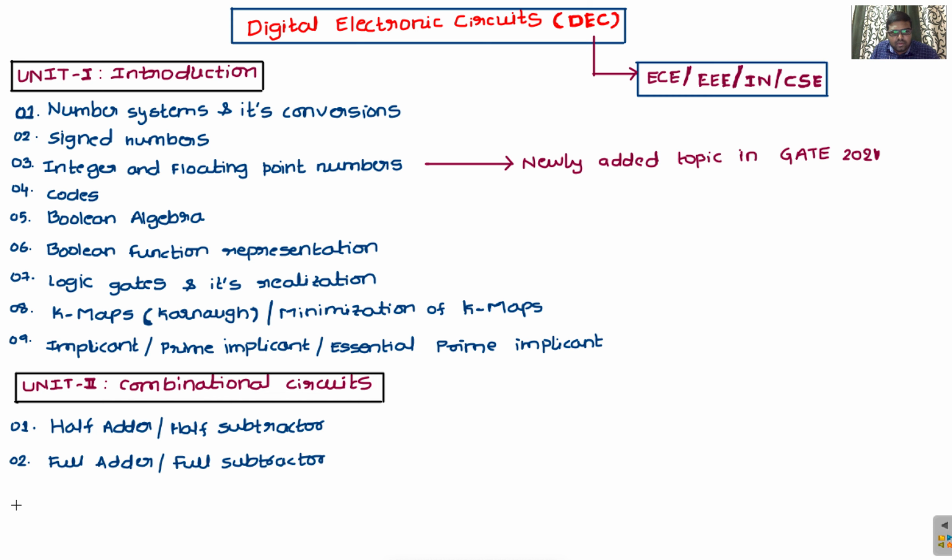The third topic is serial adder. The fourth topic is parallel adder, which is also called the ripple carry adder.